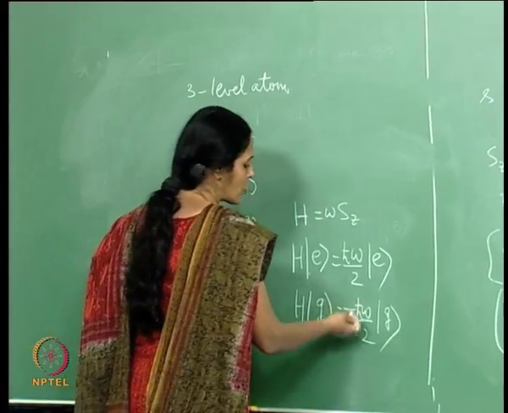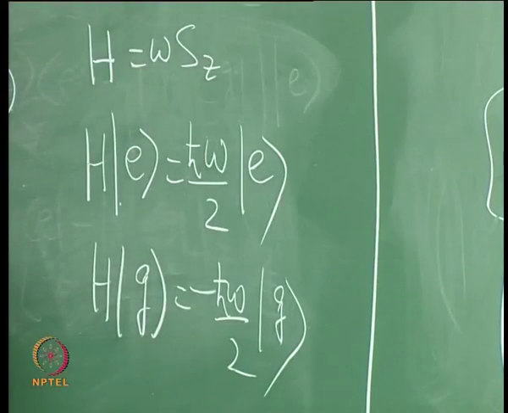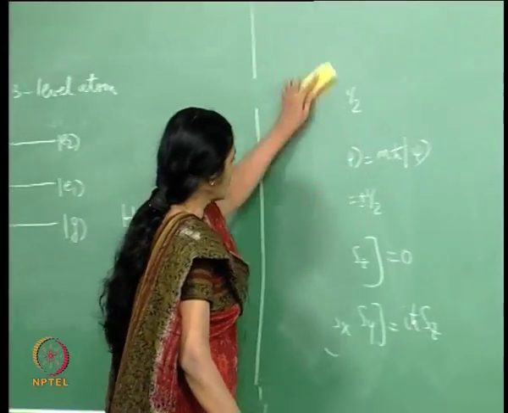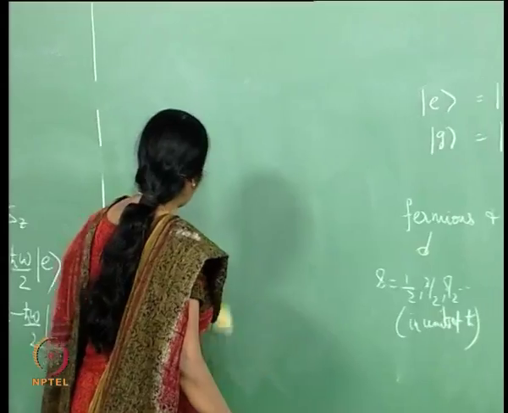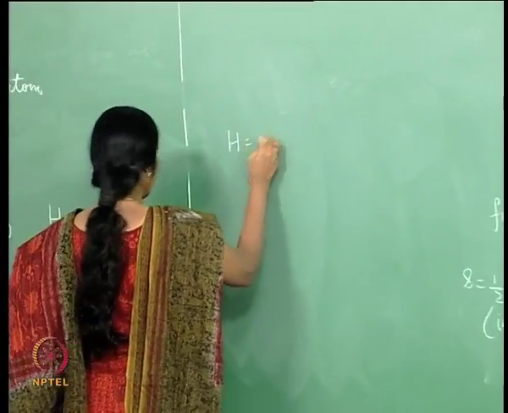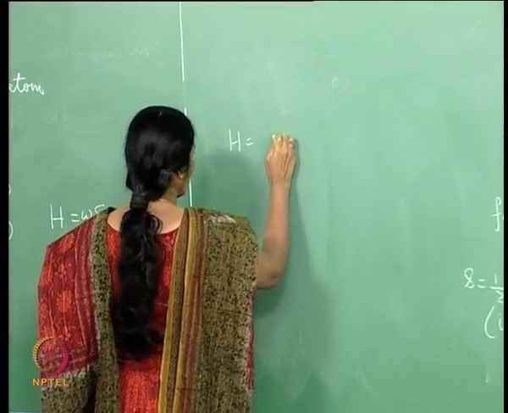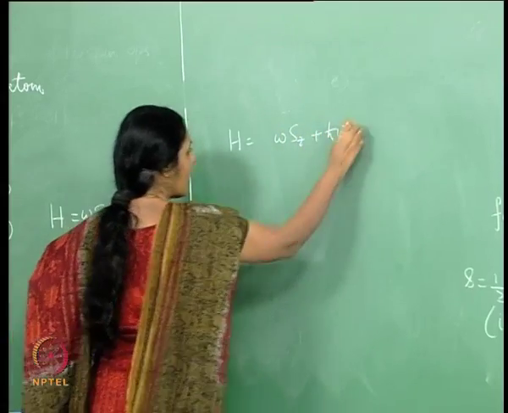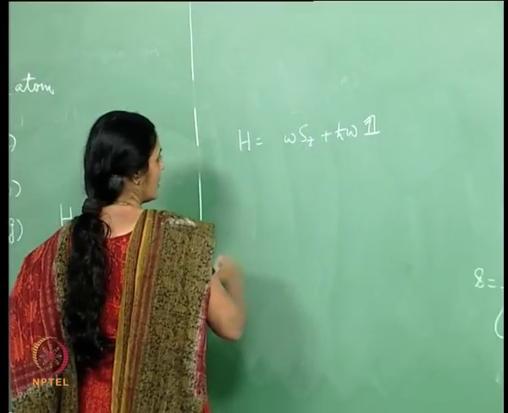We would not like to have negative energies as the eigenvalues as experimental outcomes, so it is easier for us to say that we can choose a Hamiltonian which perhaps is of this form, omega Sz plus h cross omega times the identity operator.